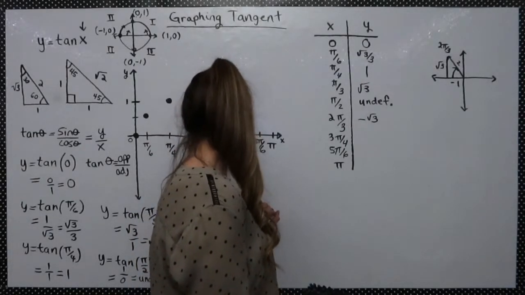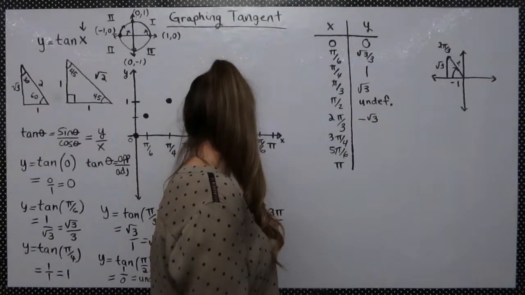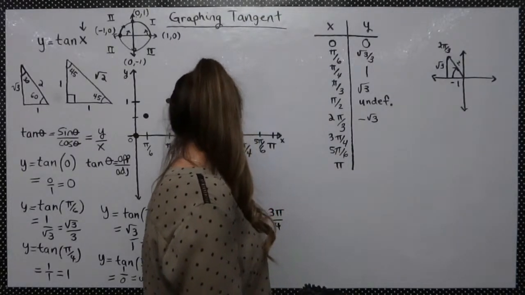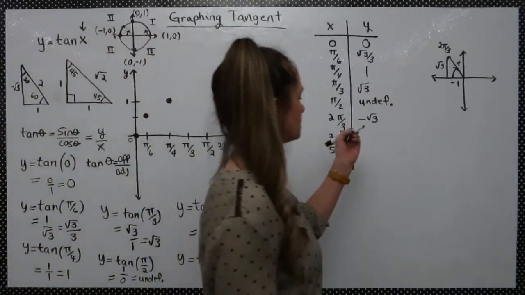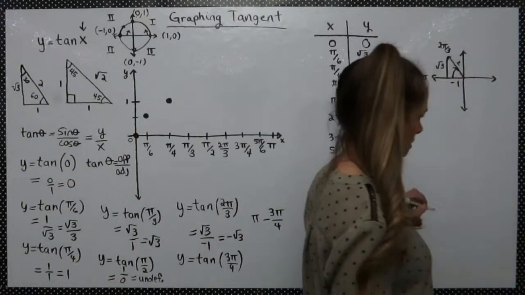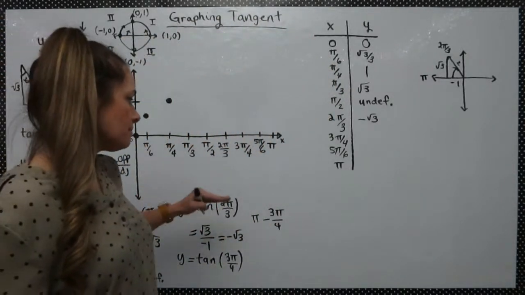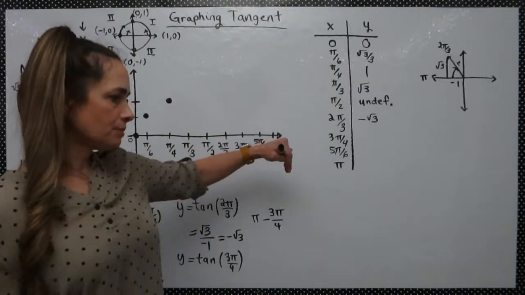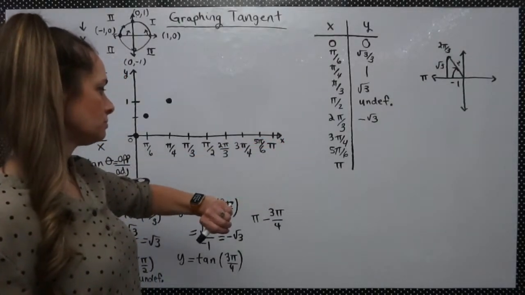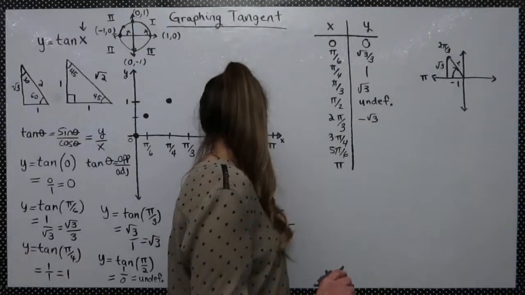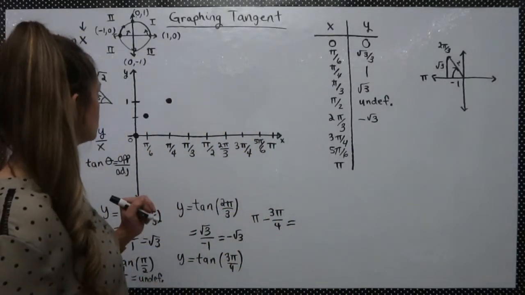I would say 3 pi over 4, I would subtract it from pi. What I'm doing essentially is, because pi is out here, it's 180 degrees. I'm saying I'm at pi, and I need to back up 3 pi over 4. I'm backing up to figure out what the difference is between those two angles, if that makes any sense.